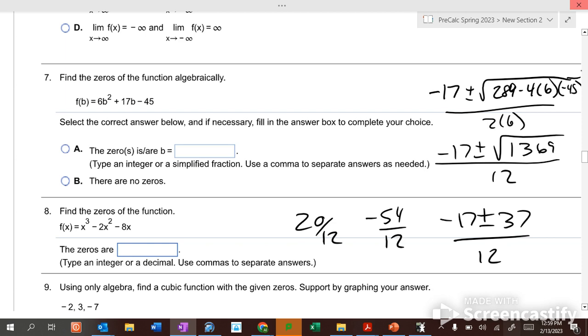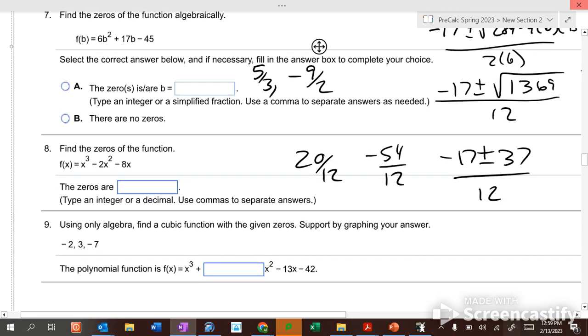Divide them both by 4, it's 5/3. And negative 54 over 12, well, 3 goes into this one, 6 goes into this one, so it's negative 9/2. There we go. I think that's it.